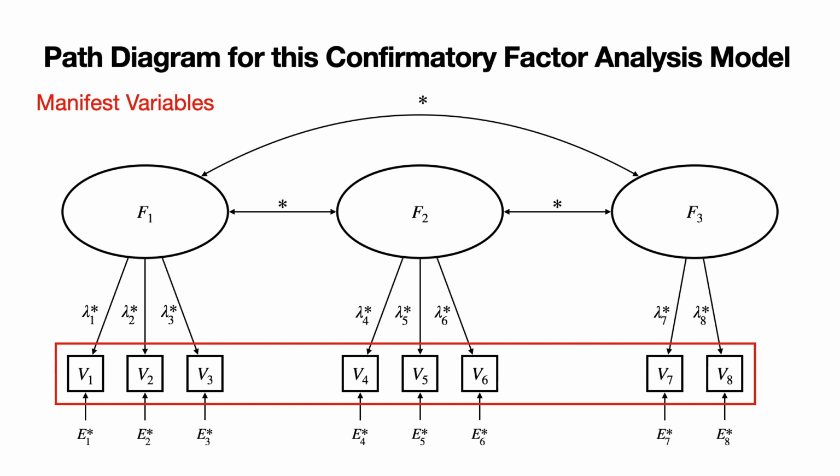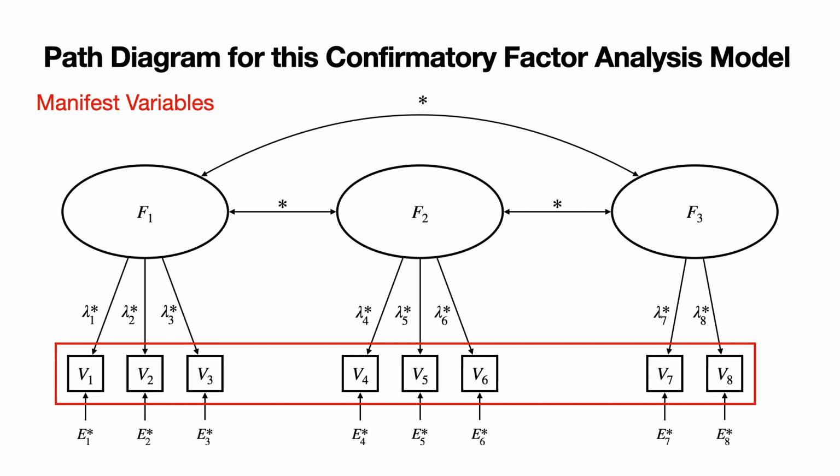However, notice we have two-way arrows between each pair of the factors. So we have a two-way arrow between F1 and F2, a two-way arrow between F1 and F3, and a two-way arrow between F2 and F3.